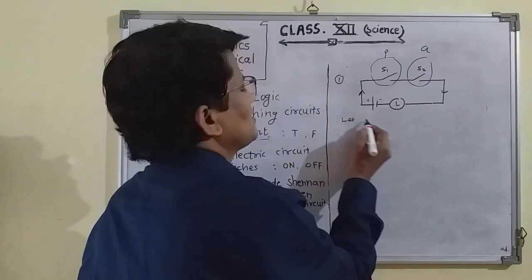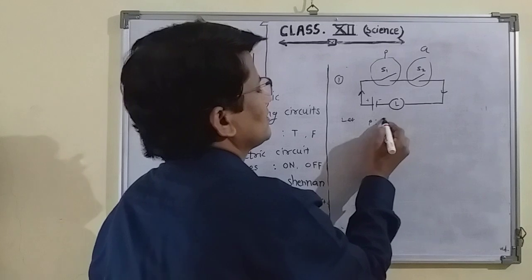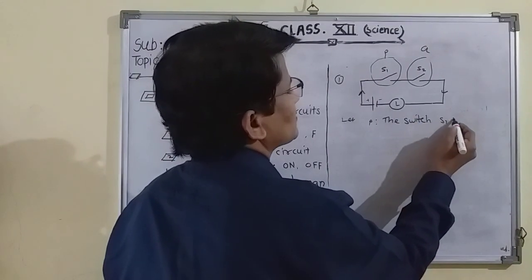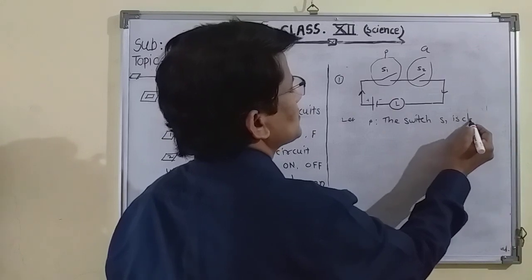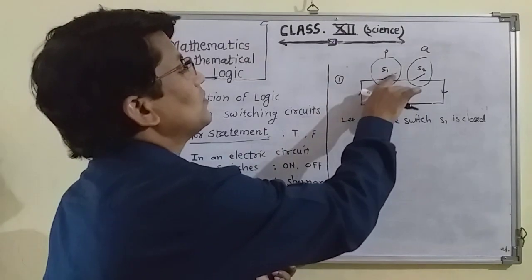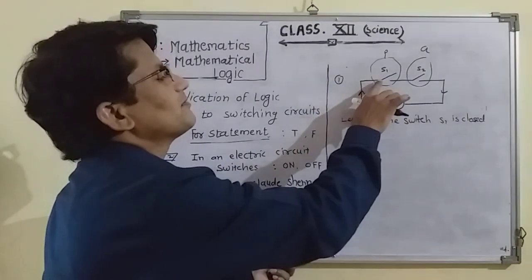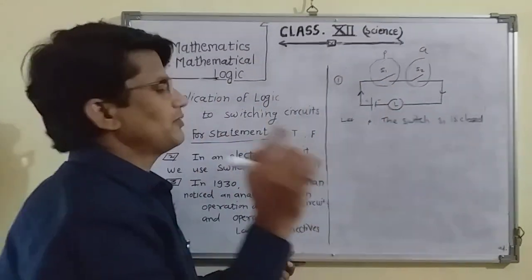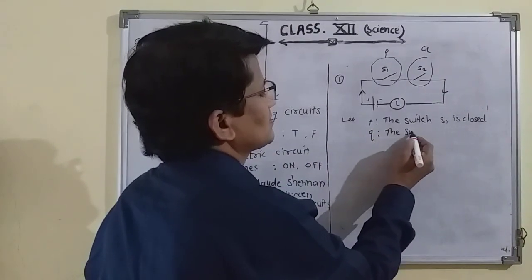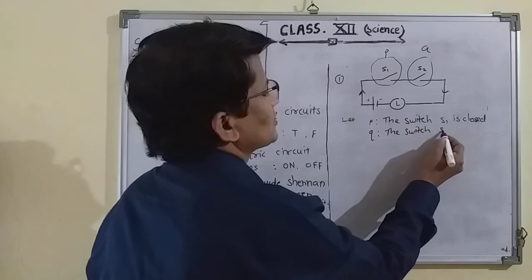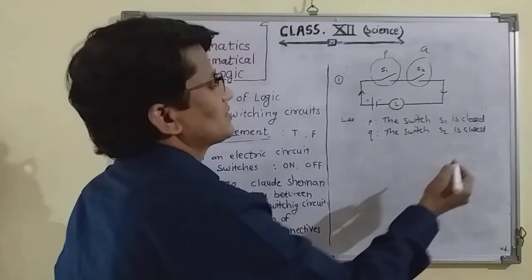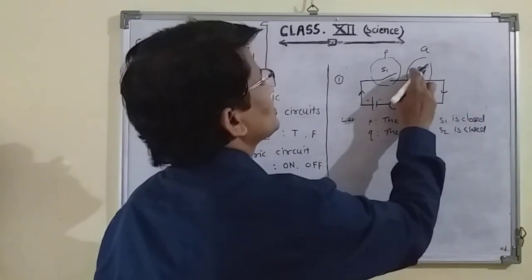Let P be the switch S1 is closed. If S1 is closed, then and only then does current flow from one point to the other point. And Q, the switch S2 is also closed.